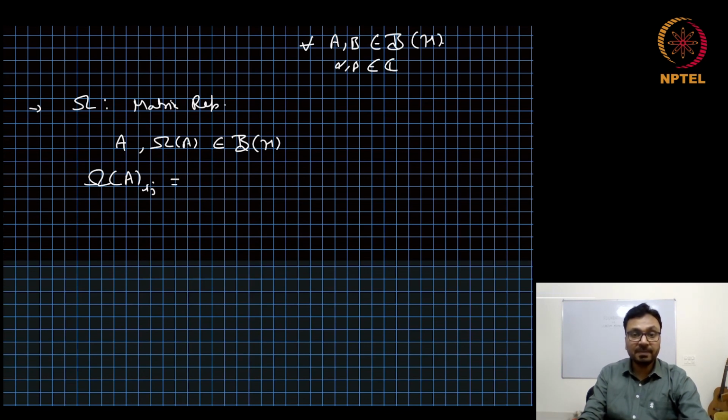This will depend on the elements of the original matrix A, so that will be KL, and a matrix relating the elements of A with elements of omega A. So it will be M_ij,KL, sum over KL.